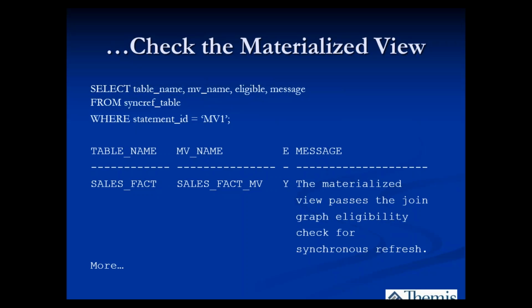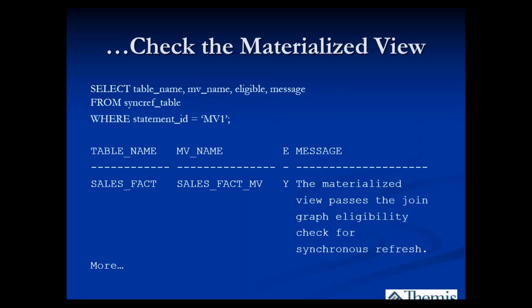At this point, you already know they were all maybe okay because you did not get an error on the previous step, but this will show you the details of that. And this is just one of those messages. The materialized view passes the join graph eligibility check for synchronous refresh. Like I said, it'll check for partitions, it'll make sure dimension tables are in line with the fact table, and all that good stuff.